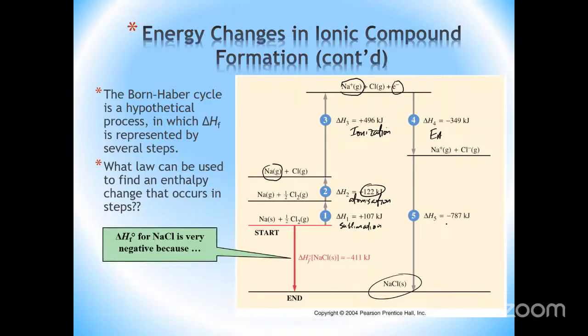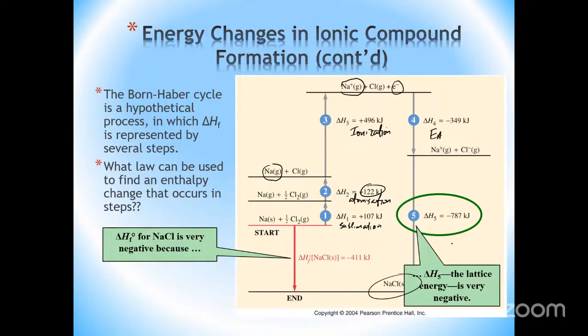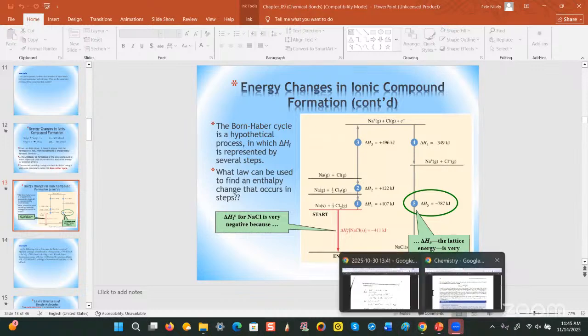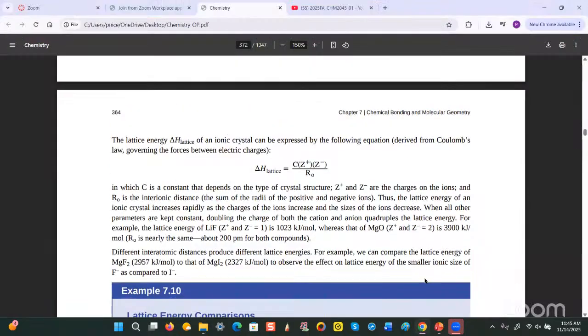Now, in some textbooks, they call this enthalpy change here the lattice energy, as it is shown in this slide right here. However, in your textbook, and I'm going to show you exactly the page, they consider the energy change for the reverse to be the lattice energy. I was looking at it this morning.